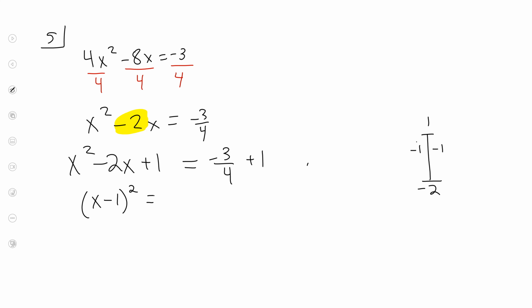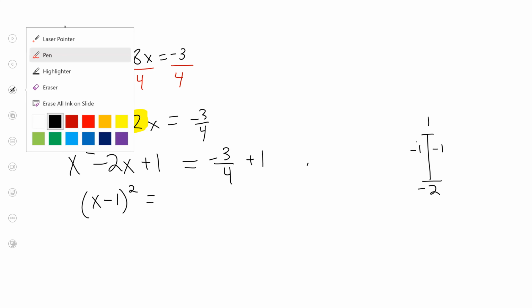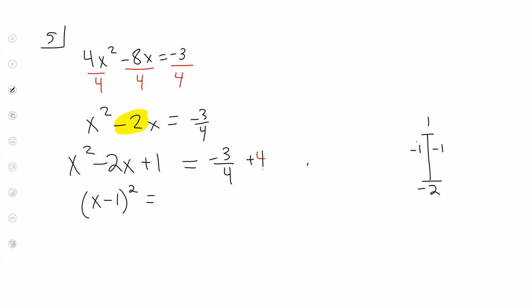And then for this part right here, I need to make the denominator the same. So I'm going to write this 1 as 4/4. Now I can combine these: -3/4 plus 4/4 is 1/4. Now I'm going to do the square root of both sides.